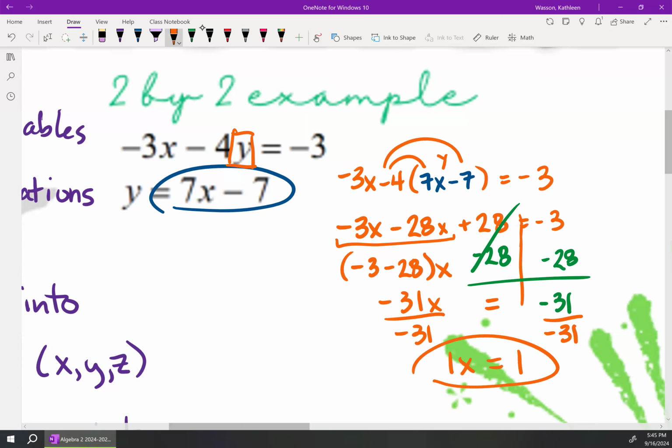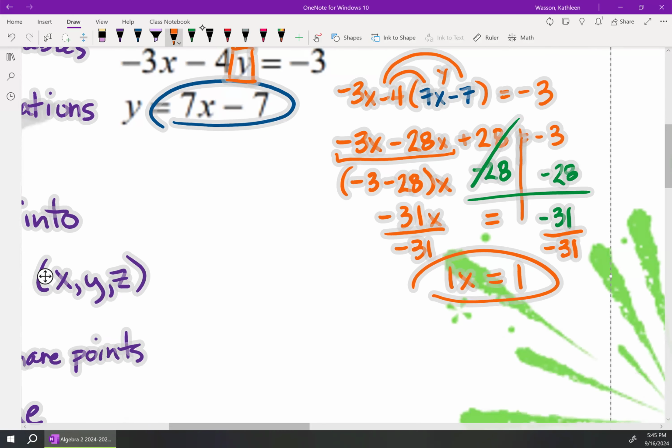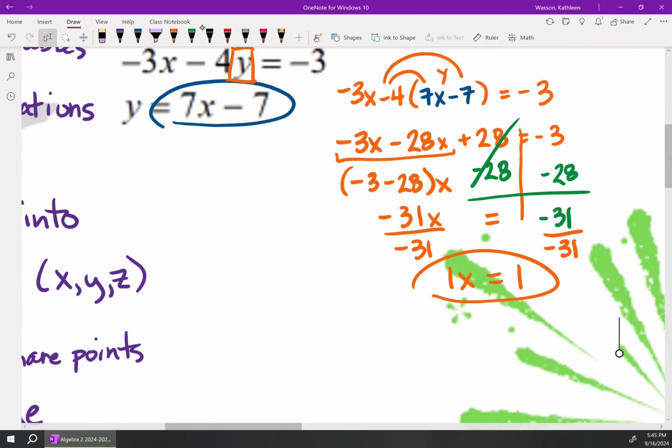Now that I know what the value of x is, I can substitute this into one of the original equations. I'm going to substitute into the second one, but you should get the same y value whether you substitute into the first equation or into the second equation.